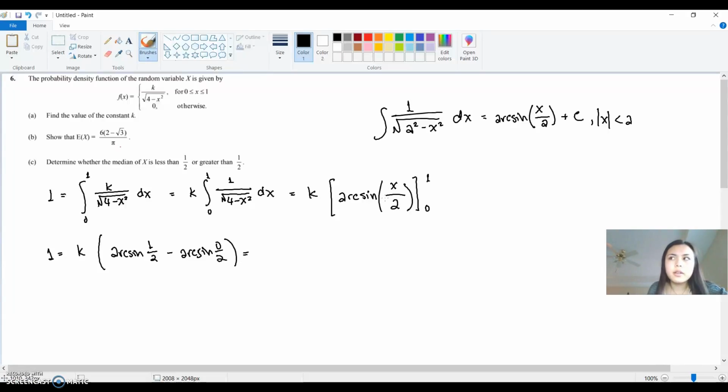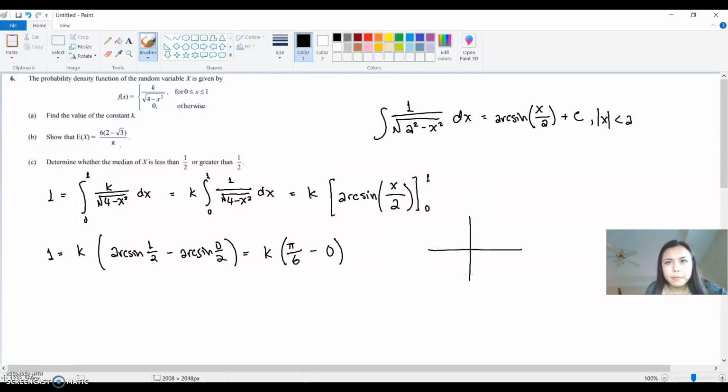Arc sine of 1 over 2 is, no, that's pi over 6, minus arc sine of 0, which is 0.